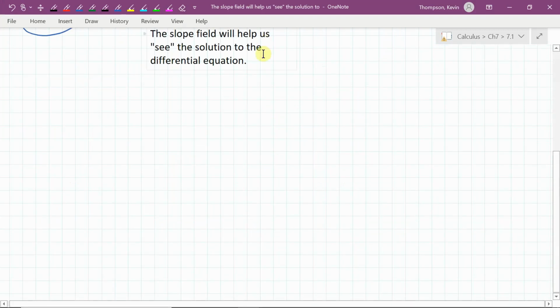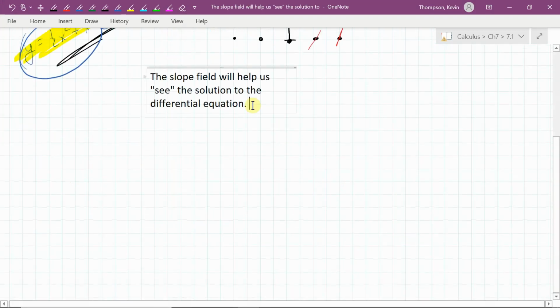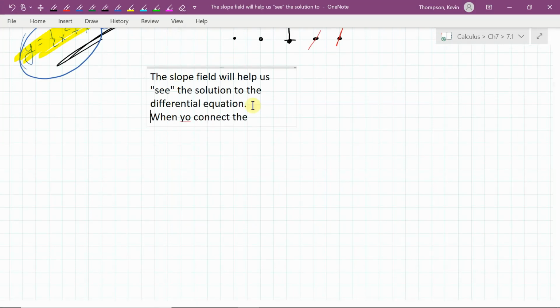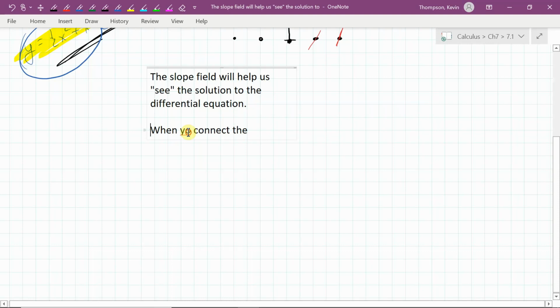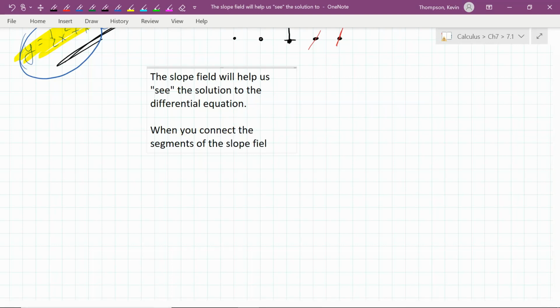So here's what I'm going to add on to this statement. When you connect the segments of the slope field, you are drawing, there's more than one way to say this.